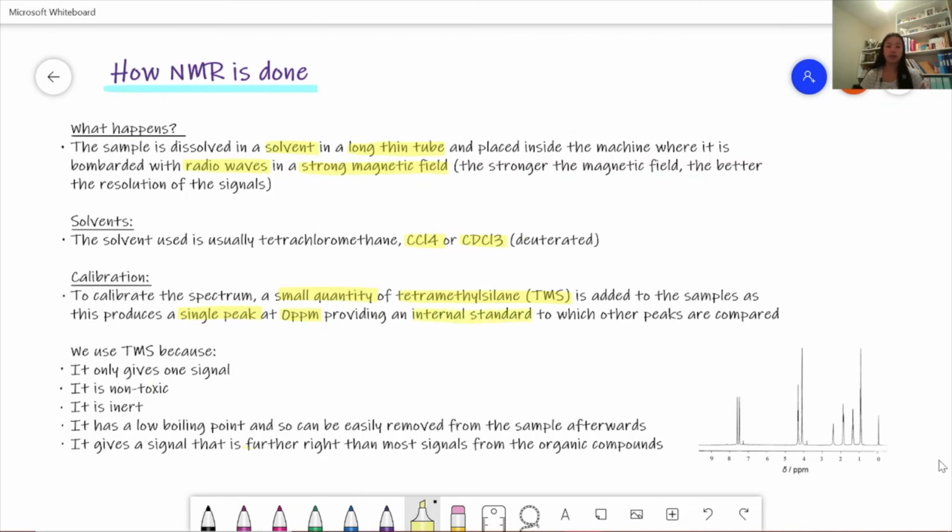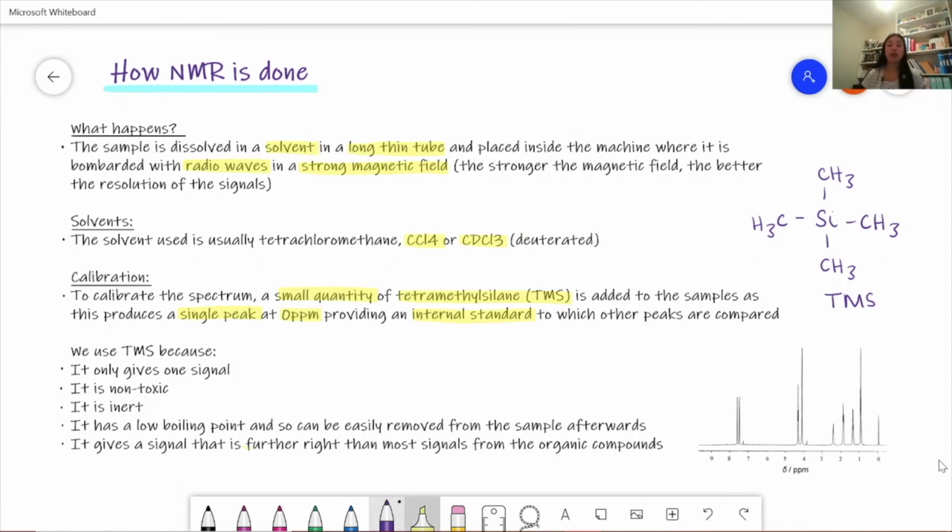So the actual formula for tetramethylsilane is a silicon attached to 4 methyl groups. So this is our TMS molecule. And so this only produces a single peak at 0, and so we can use this as our standard.